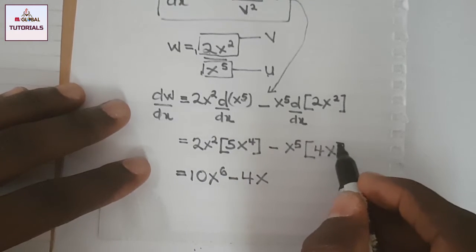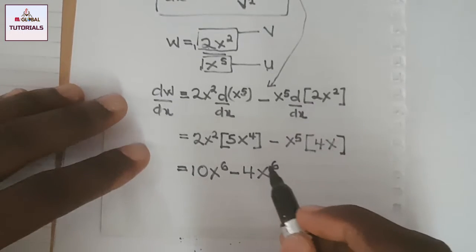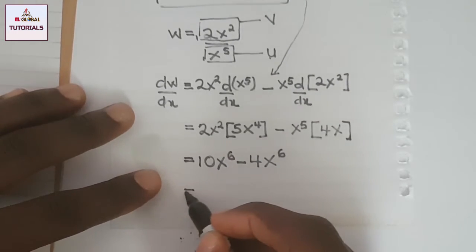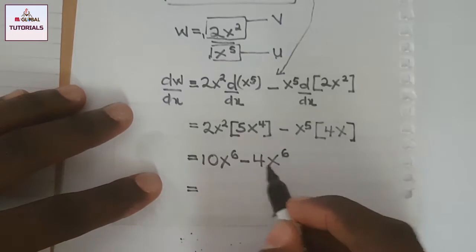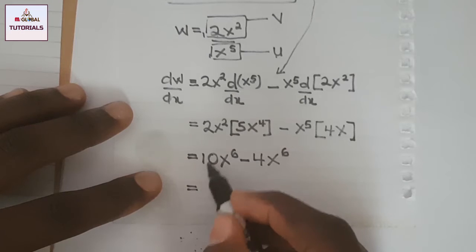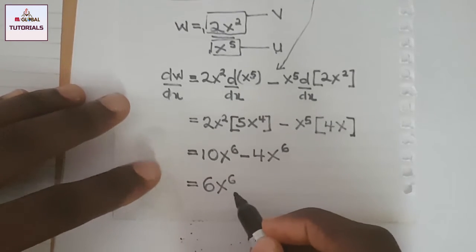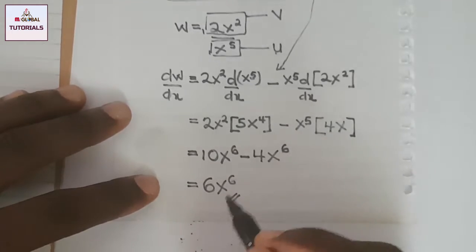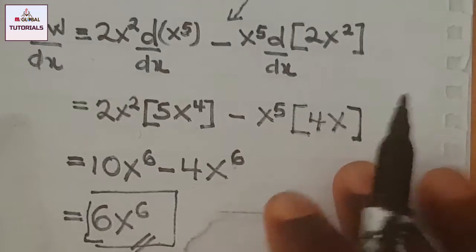Then we add the power. This one is to power 1, so 6. You can still subtract. When you subtract this from this, it gives us 6x to the power 6. That's it. Okay, so 6x exponent 6.